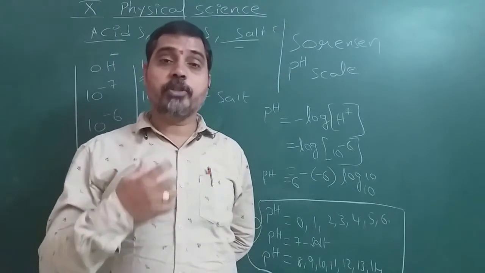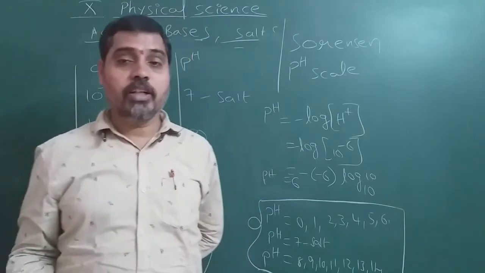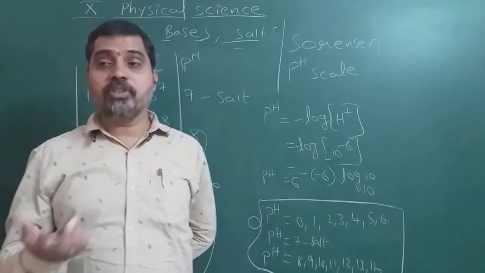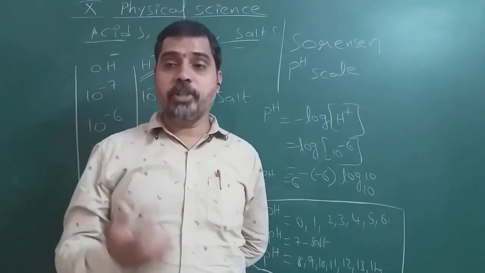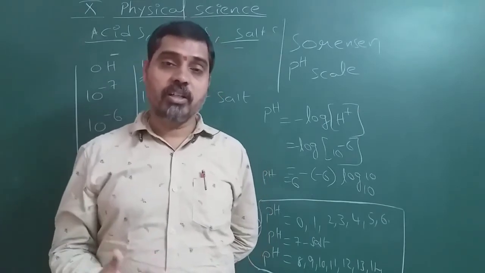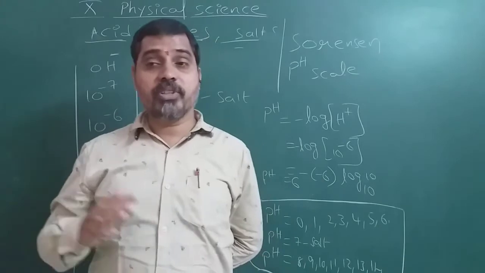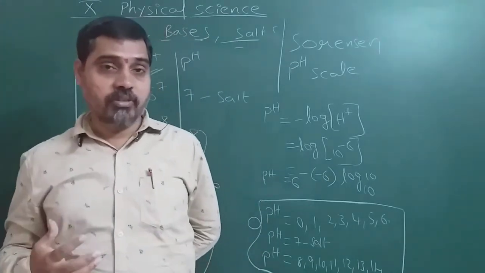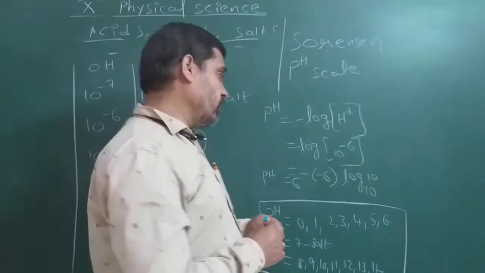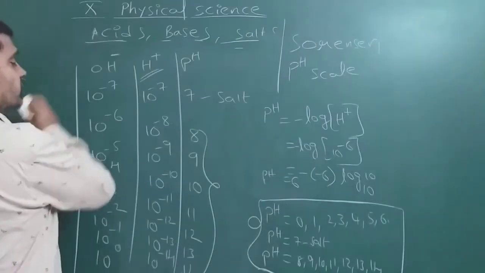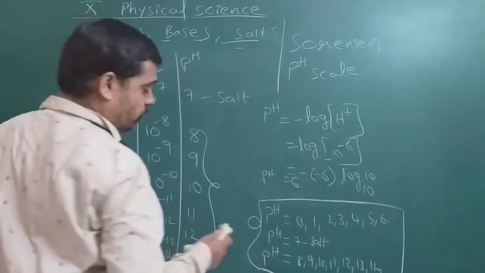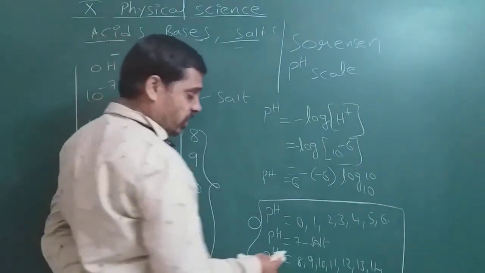Depending upon the color we obtain, we will decide its pH. We will come to know its pH value. If we know its pH value, then automatically we can tell whether the given solution is acid, base or salt. Then for acids, which colors will we get? For bases, which colors will we get? That is the question. First we will start with salt. The pH of salt is 7.